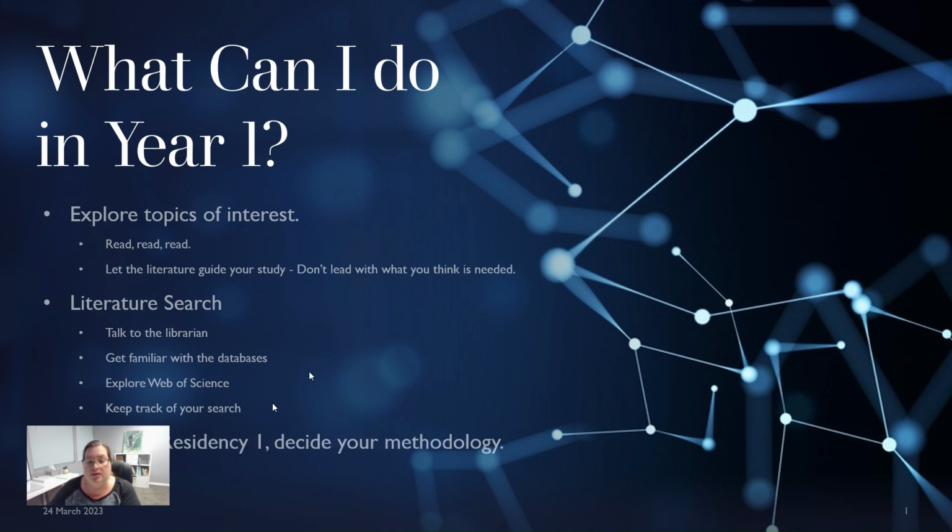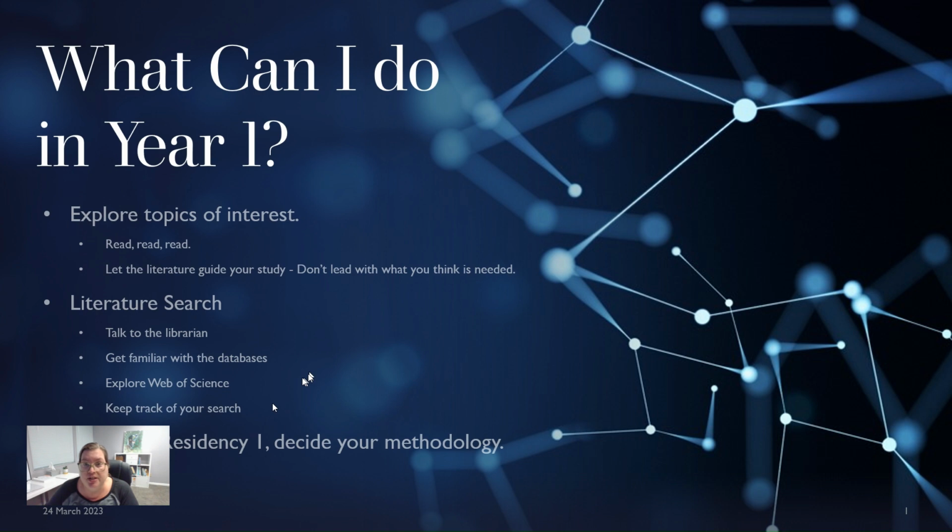By the end of residency 1, at GCU, you will decide whether you want to go quantitative or qualitative. So when you're reading all of these articles, be thinking about, are the majority of them qualitative, quantitative? Is what's emerging from the problem space, does that indicate the need for a qualitative or quantitative approach? And be prepared to talk about that in residency 1 and decide which path that you want to take.